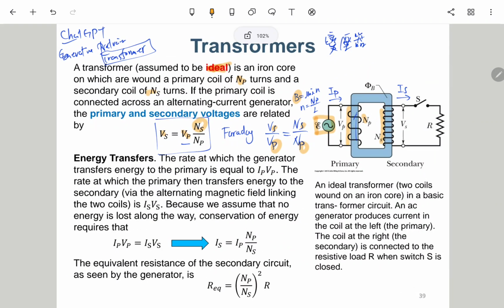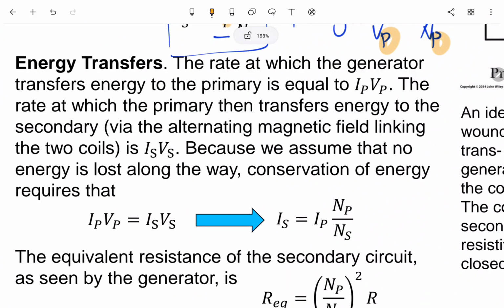Okay, and then also, as I mentioned, we have a conservation of energy. We assume all the power is transferred from the primary coil to the secondary coil. So in that case, IPVP equals ISVS. So we have an equation like this.